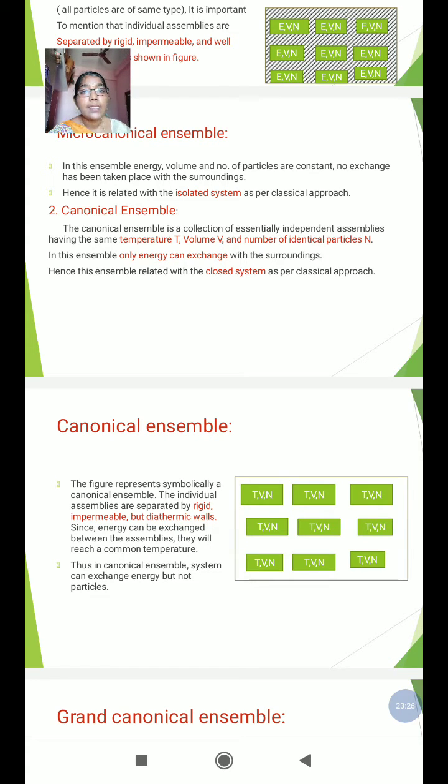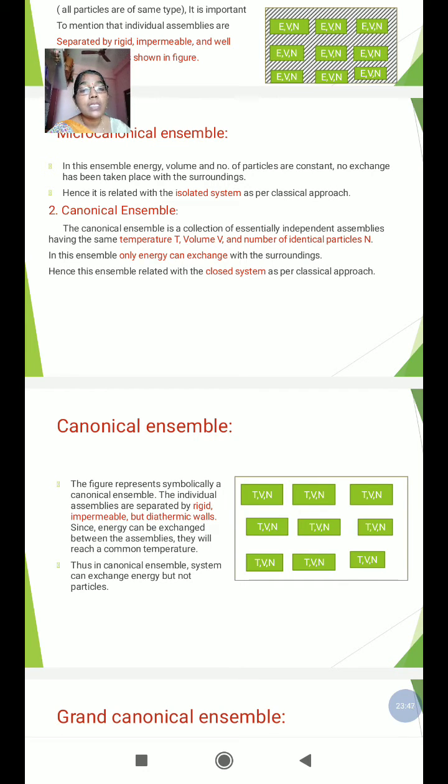So in this canonical ensemble only energy can exchange, and this system can be treated as a closed system as per the classical approach. As per the classical approach, this canonical ensemble is treated as a closed system. In the closed system only energy can exchange. Up to which limit can energy exchange?